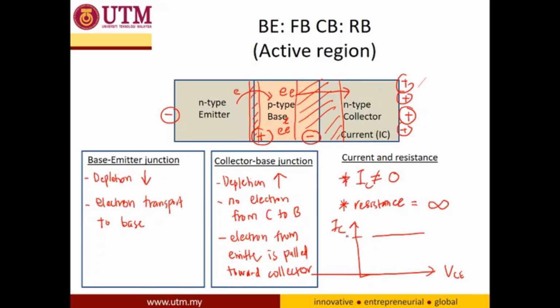We have a certain value of collector current, let's say 4 milliampere, but the AC resistance is infinity because this is a horizontal line. A horizontal line means the slope is 0. When the slope is 0, the resistance, which is the inverse of the slope, is infinity.